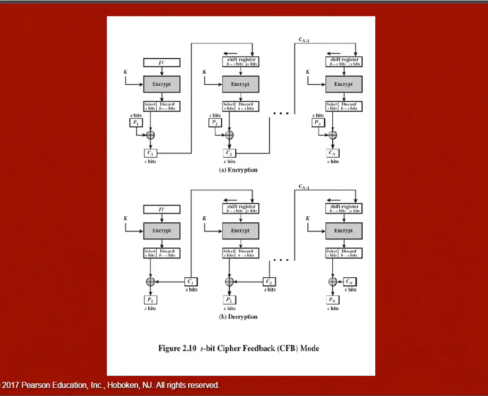If a character stream is being transmitted, each character can be encrypted and transmitted immediately using a character-oriented stream cipher. So if 8-bit characters are being transmitted, each character should be encrypted using 8 bits, for example.